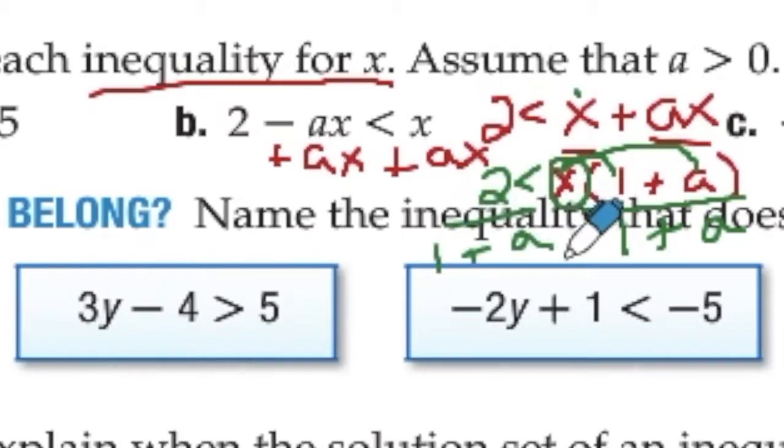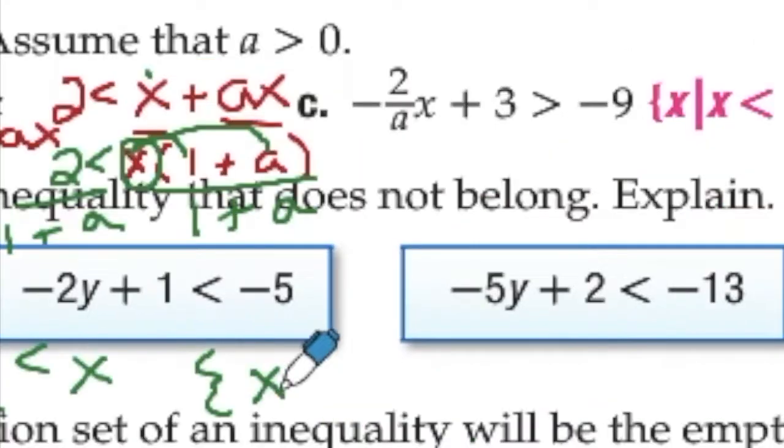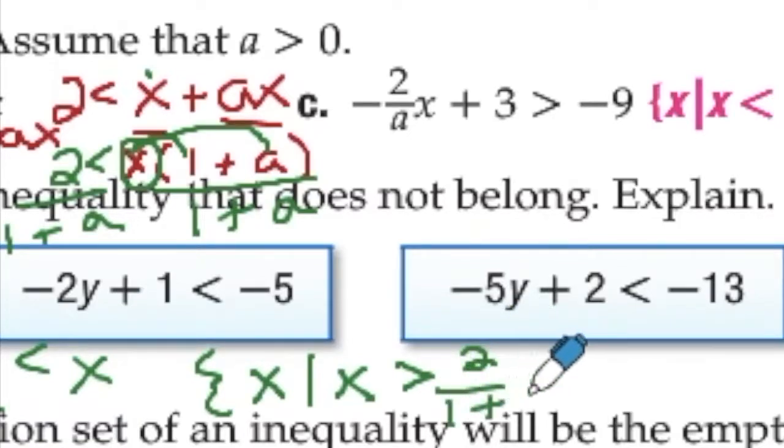So the final answer for B is 2 over 1 plus a is less than x, or we could write that as x such that x is greater than 2 over 1 plus a.